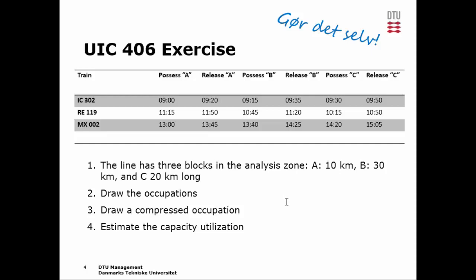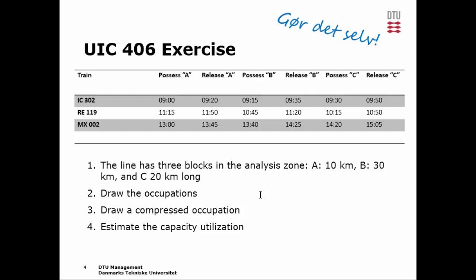So what you could do now, if you like, is pause this video for a minute or so and draw the train diagram, draw the string line diagram for these trains as it is now with this timetable. And down here in step 1, here are the lengths of those track blocks. So draw that. I'll pause for a second, or you can stop the video now.